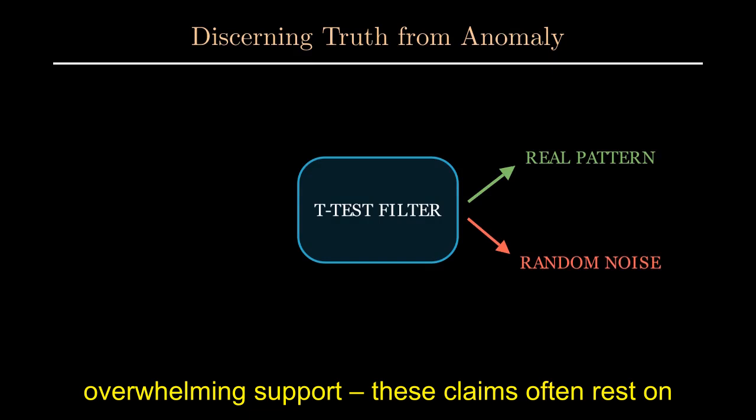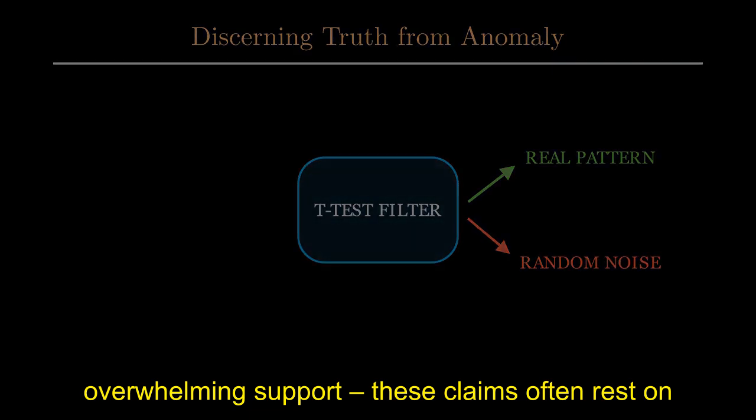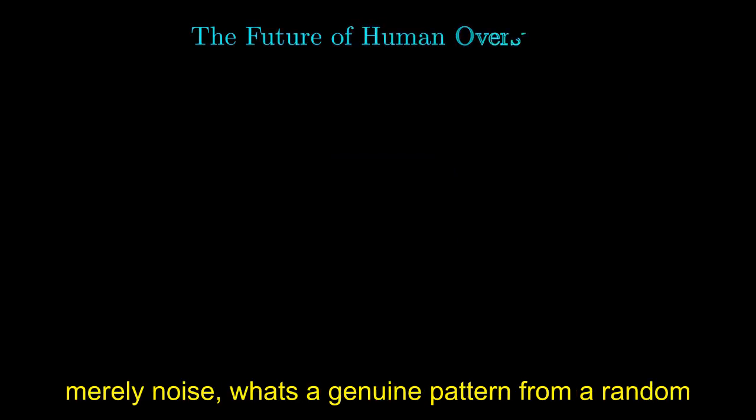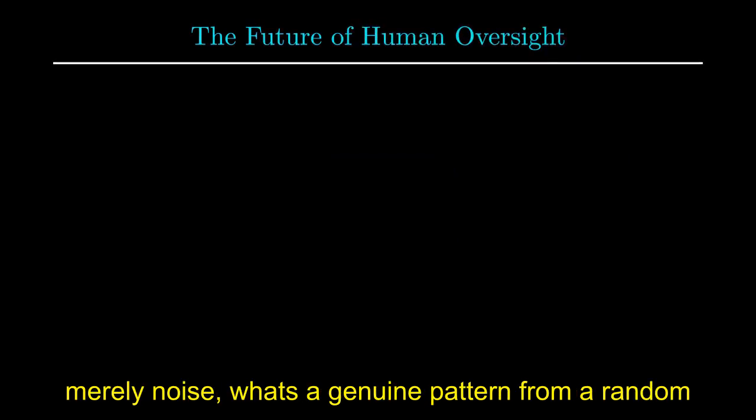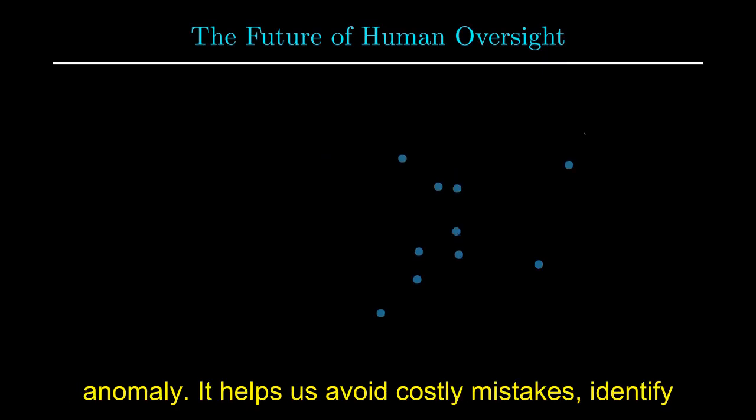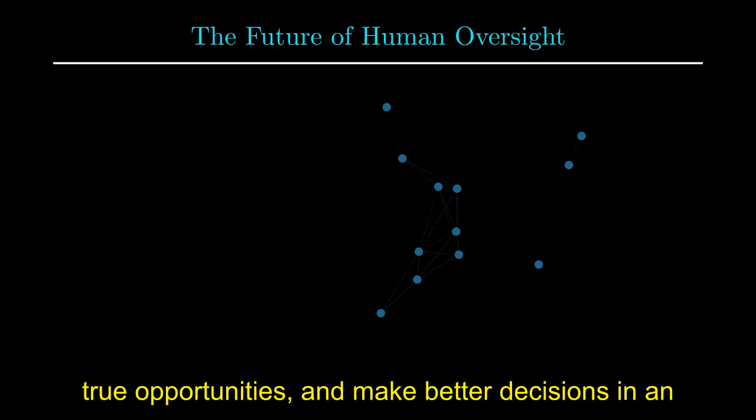These claims often rest on shaky statistical foundations. The t-test is a fundamental tool to discern what's real from what's merely noise, what's a genuine pattern from a random anomaly. It helps us avoid costly mistakes, identify true opportunities, and make better decisions in an increasingly complex environment.